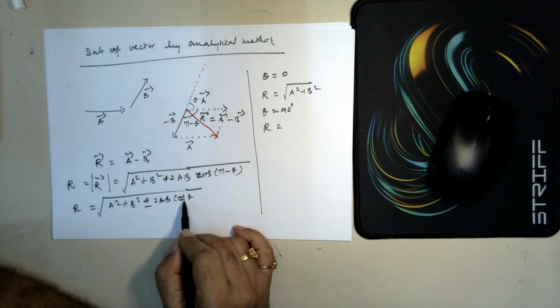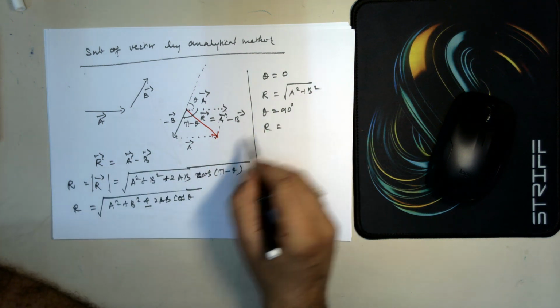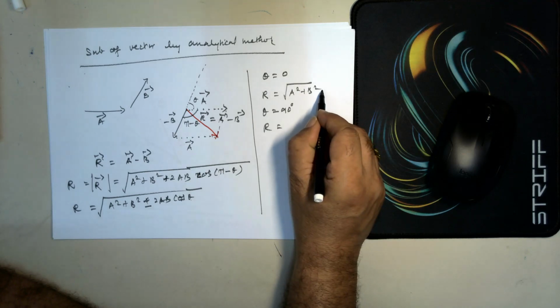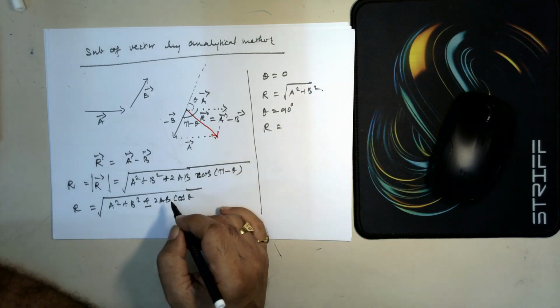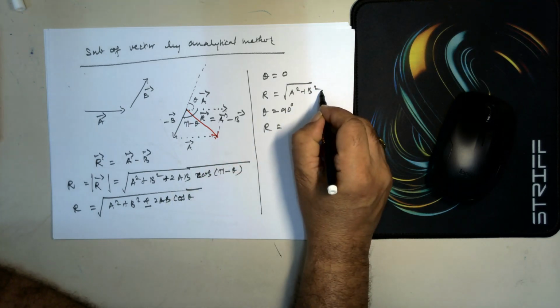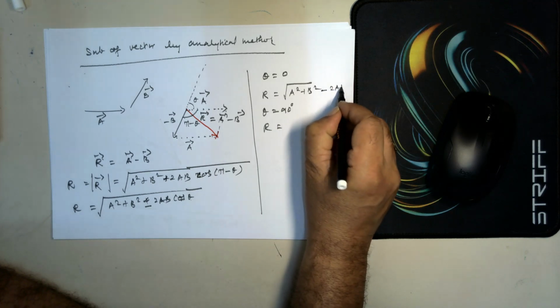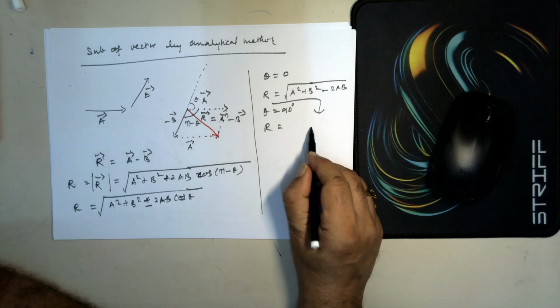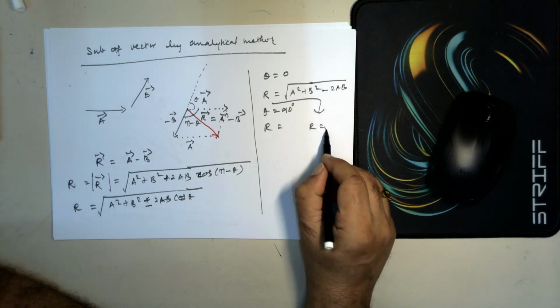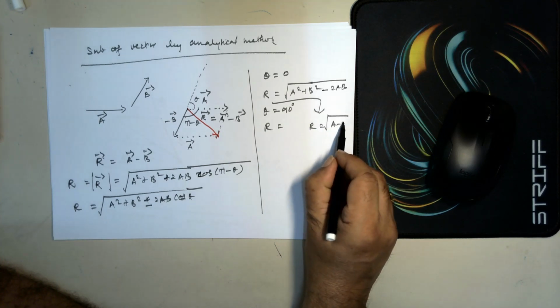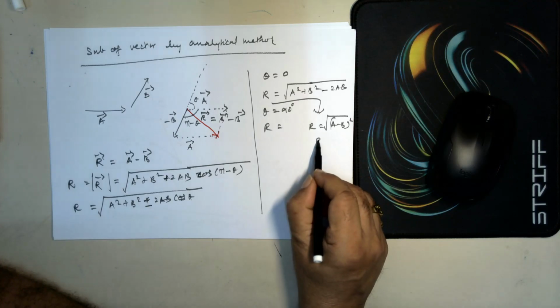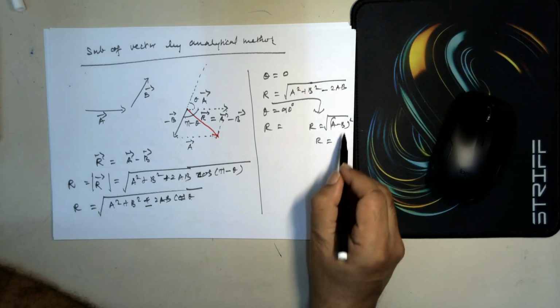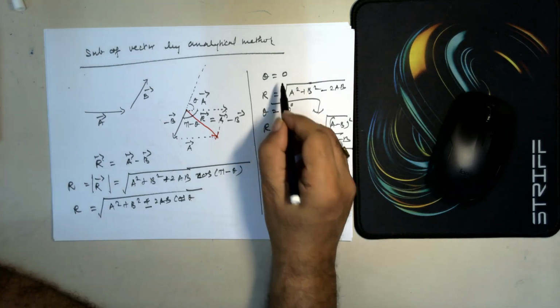So here I made a mistake. Cos 0 is equal to 1, is it not? So I must put minus 2ab. You correct it, and this becomes R equal to the whole square root of a minus b, the whole square. Therefore, R is equal to a minus b. So this is the case with 0 degree.